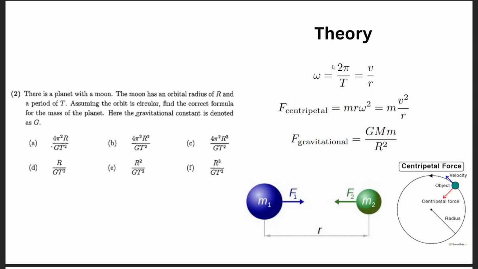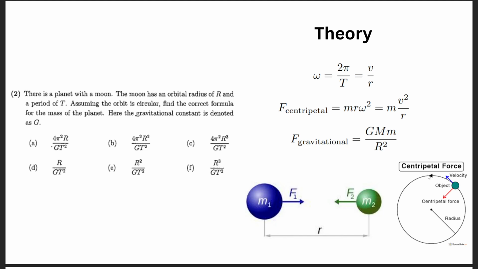So the theory that you have to know is that omega is 2 pi over T, and you can write it also as v over r. And since this is a moon that orbits a planet, we know that it has a centripetal force.